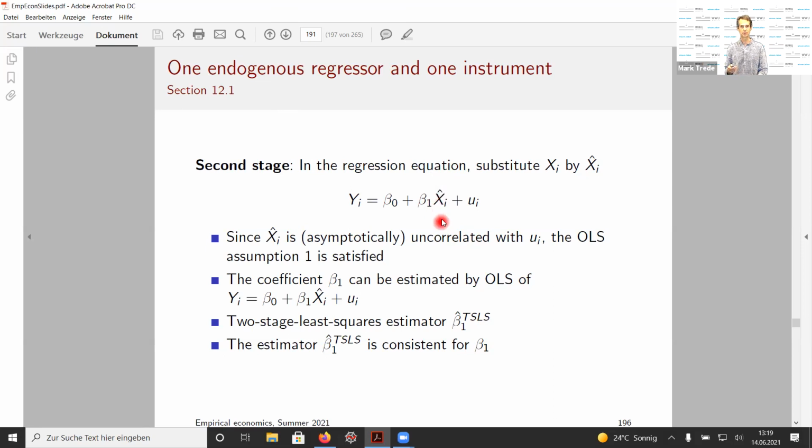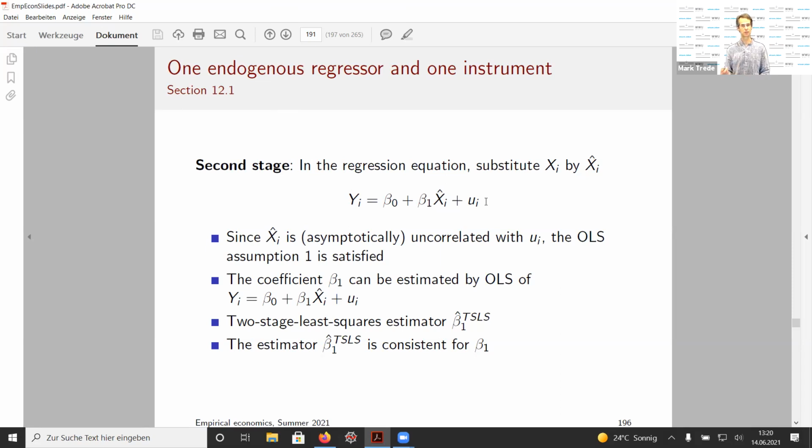Okay? So we substitute xi by xi hat. And then we estimate this new regression equation. And since the estimated x values are at least approximately or asymptotically uncorrelated with the error term, OLS assumption number 1 is now satisfied.